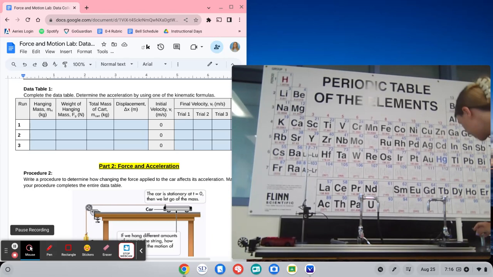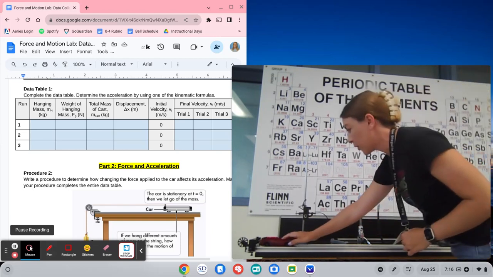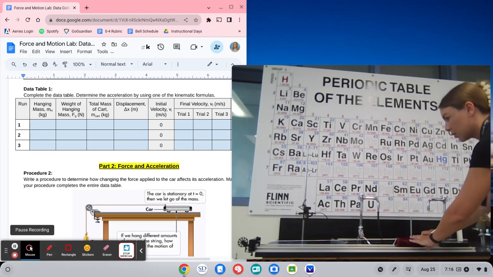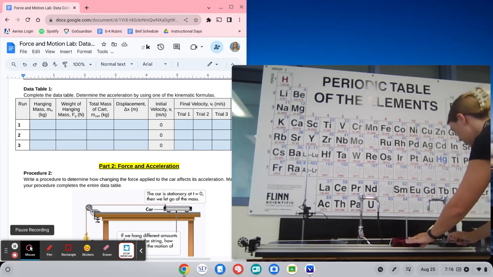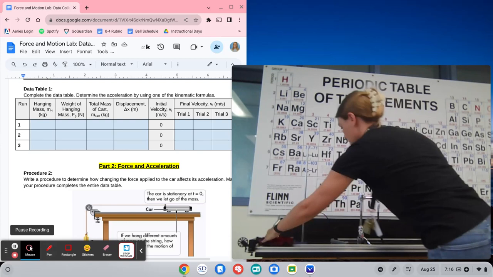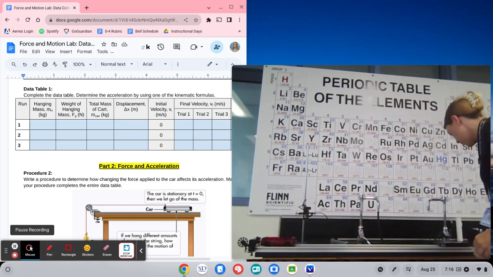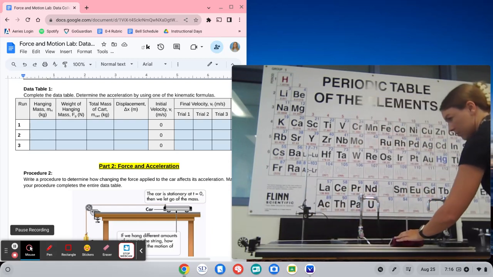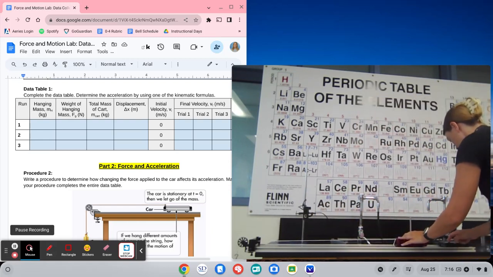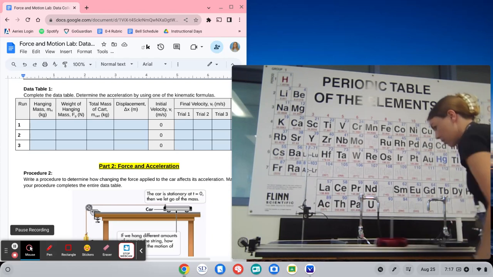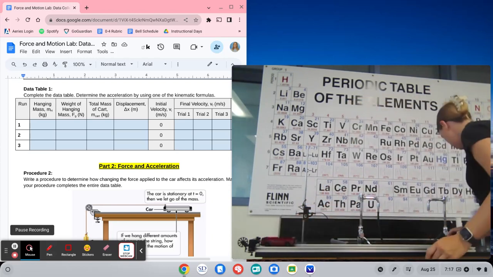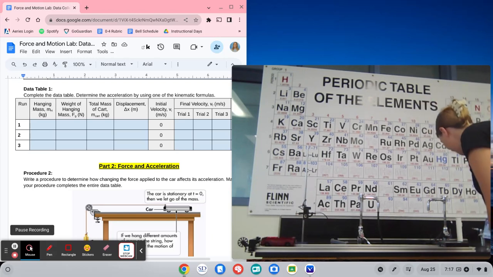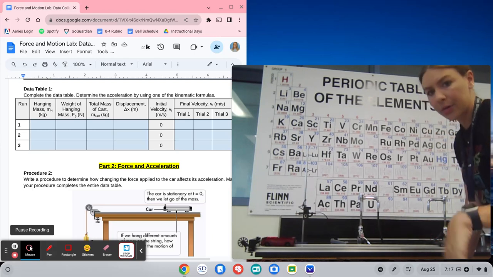So our final velocity here is reading 0.959 meters per second. We're now going to do run 1, trial 2. All right, 3, 2, 1. For trial 2, we got 0.955. And then for trial 3, we have 0.989. So all around that 0.9 range.